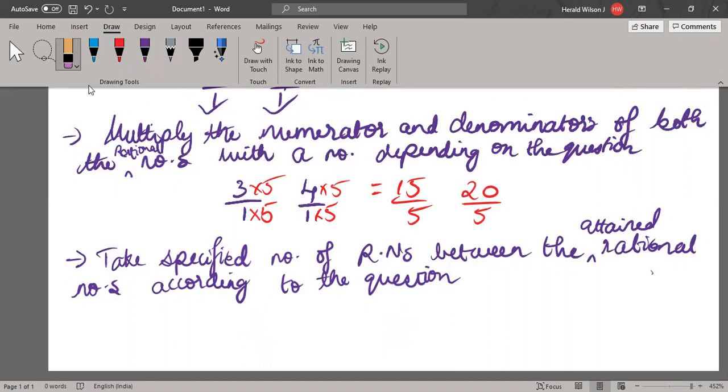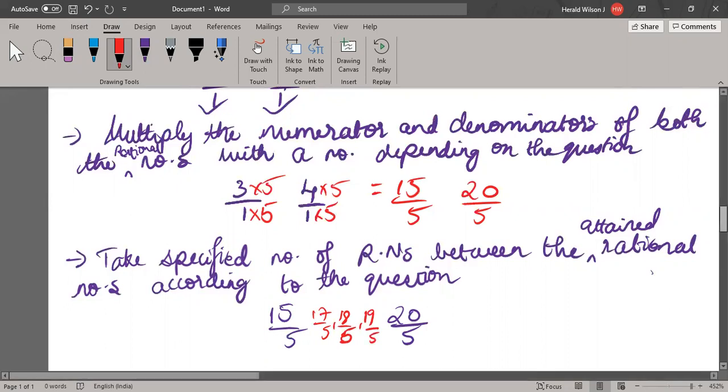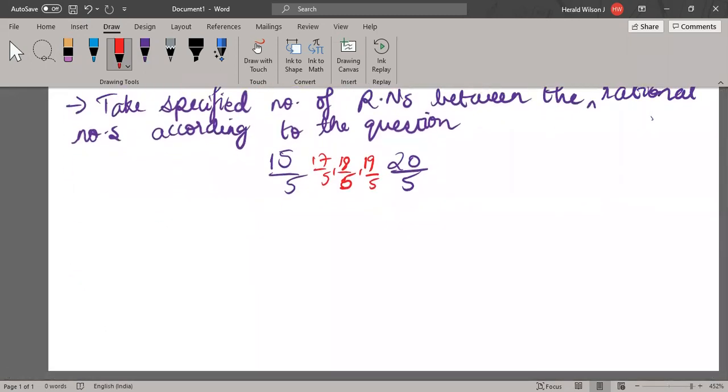So now according to the last condition, I can take the specified number of rational numbers according to the question between 15 by 5 and 20 by 5. So that would be what? I'm taking 16 by 5, 17 by 5 and 18 by 5... Clear? So I've taken these many. So now I've actually satisfied the condition and I found 3 rational numbers.